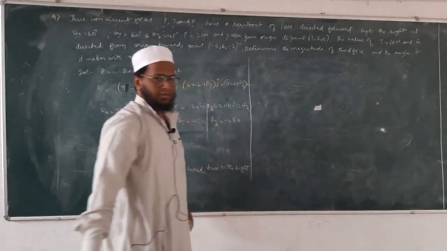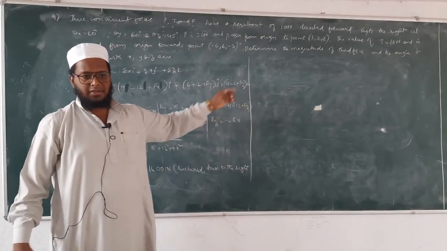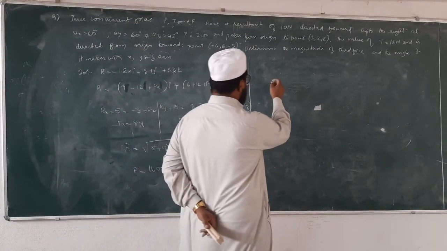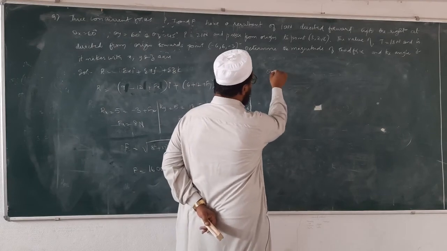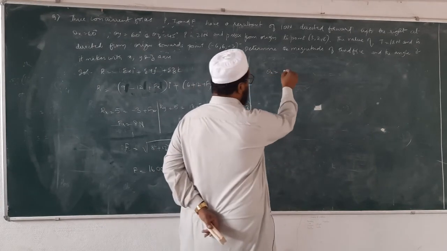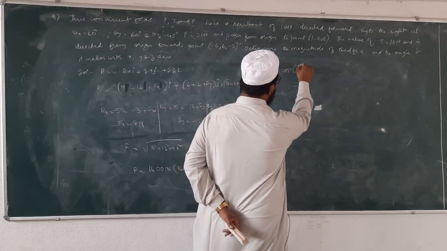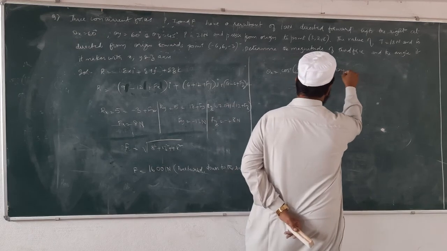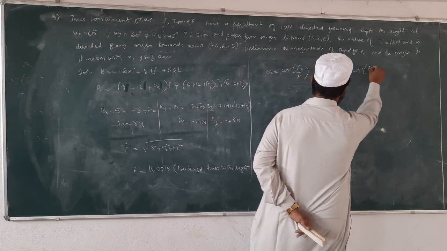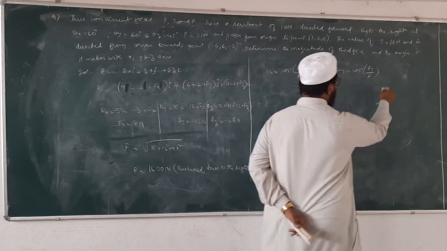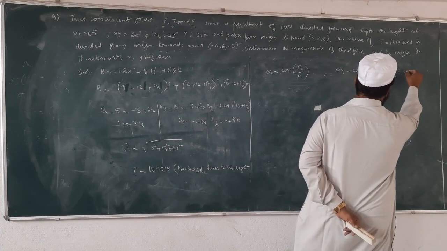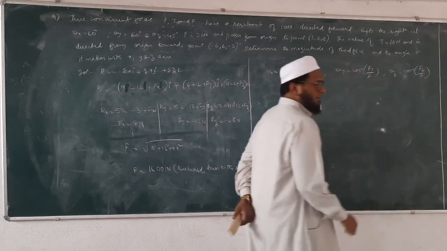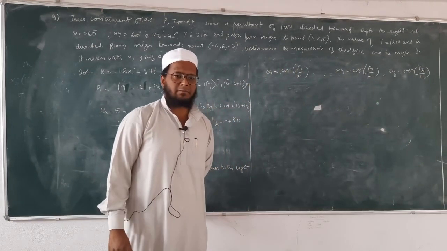How to calculate angle? Yes, we have studied this one, right? Theta x is equal to cos inverse of Fx by F. Similarly, theta y is equal to cos inverse of Fy by F, and theta z is equal to cos inverse of Fz by F. How we got this one?